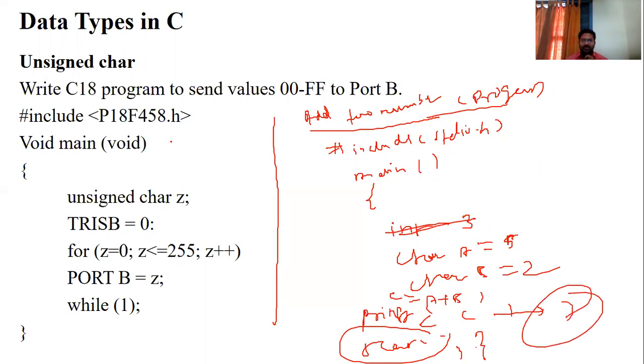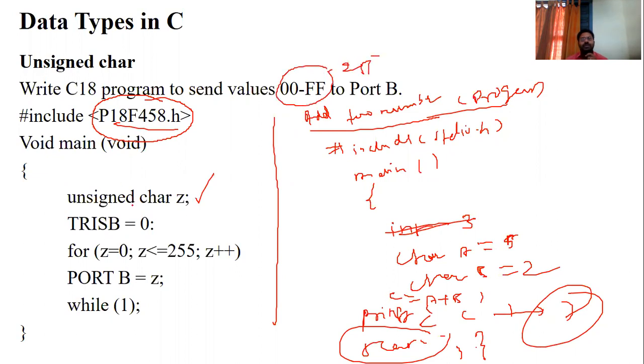Likewise, you are writing the program for a microcontroller, the PIC microcontroller. That's why we call the libraries of this PIC. So very easy. You can take some character Z, which will be used to assign the value 255.